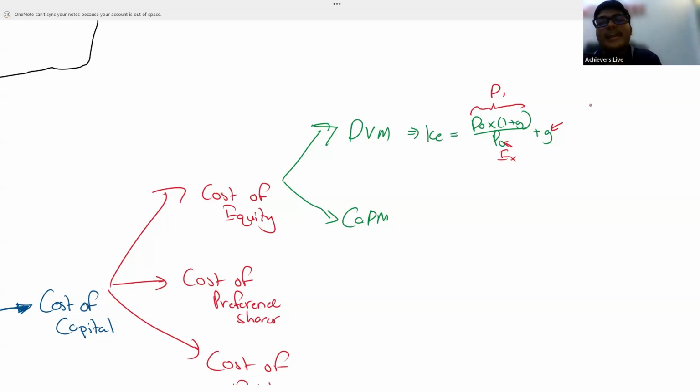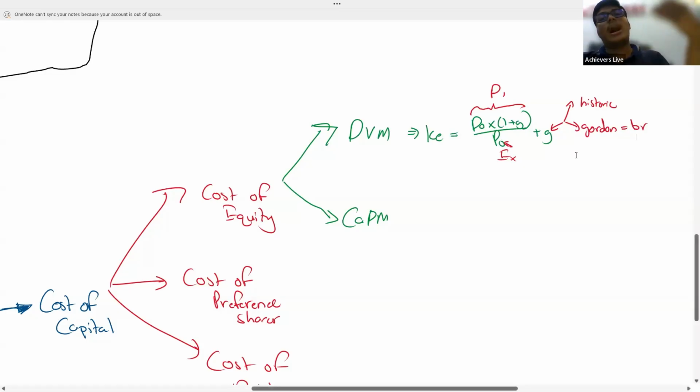Guys, don't give me stupid answers. You can calculate growth in two ways. Historic growth model is based on historic growth. You are going to use the present value formula, rearrange the formula and calculate growth. The other is Gordon's growth model. What is the formula? g equals the retention rate, b, into the accounting rate of return or ROI.